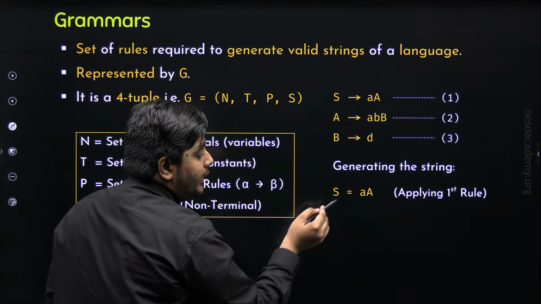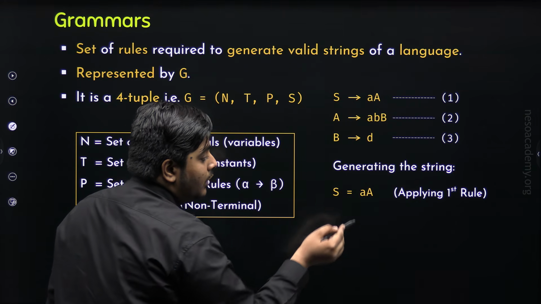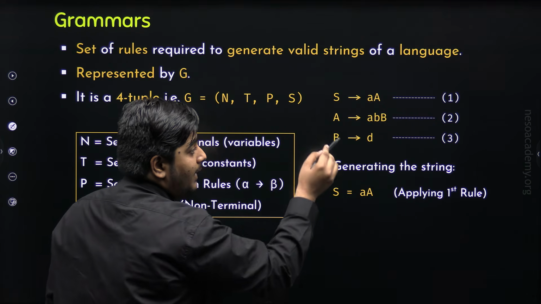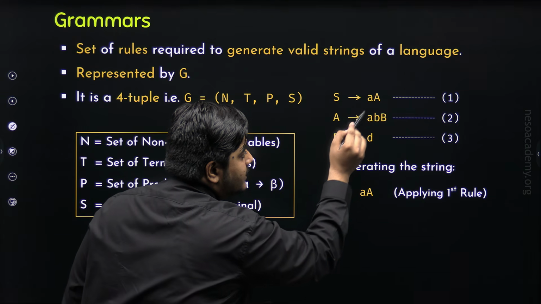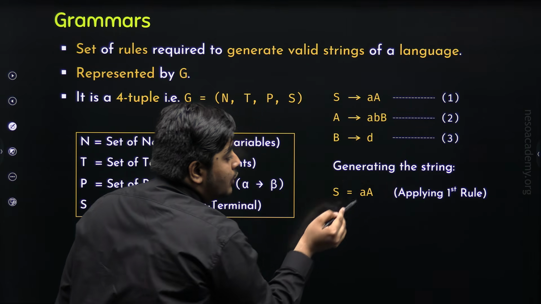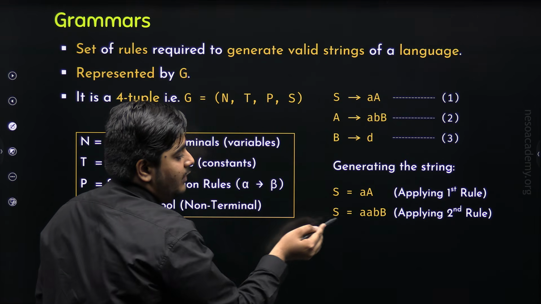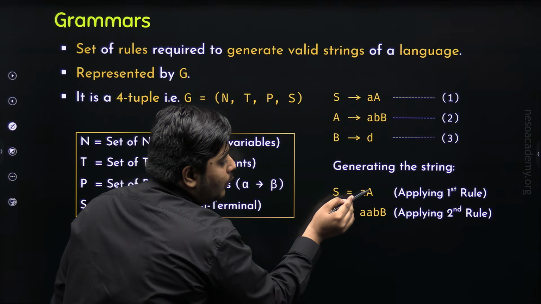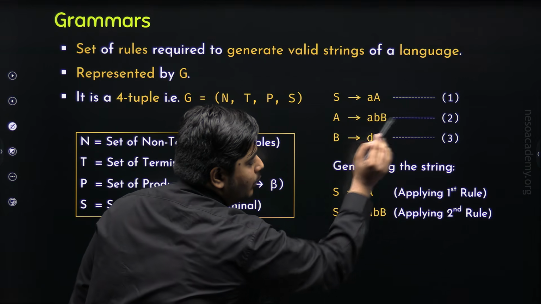I have just told you, a terminal cannot be replaced by any other symbol, but a non-terminal can be replaced by other symbols. And by applying rule number 2, we can see that A can be replaced by this term, ABB. So we will replace A by this term. And here we will get this term. This A is as it is, while this A is replaced by ABB by applying the second rule.